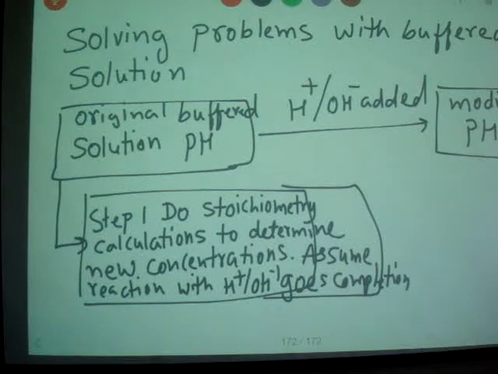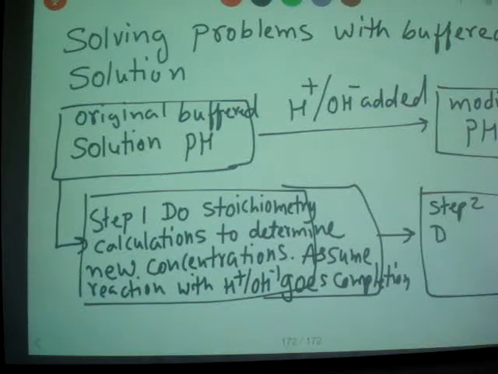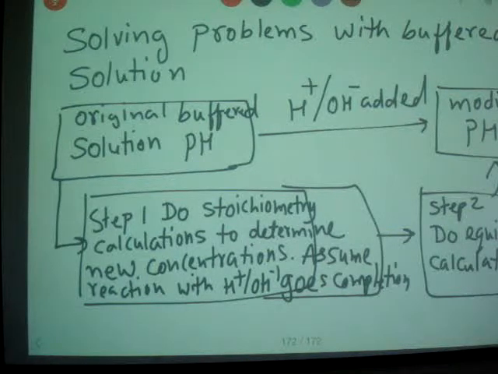That's the first step. Then step 2, we do equilibrium calculations, and then you can find the modified pH. So that's solving problems with buffered solutions.